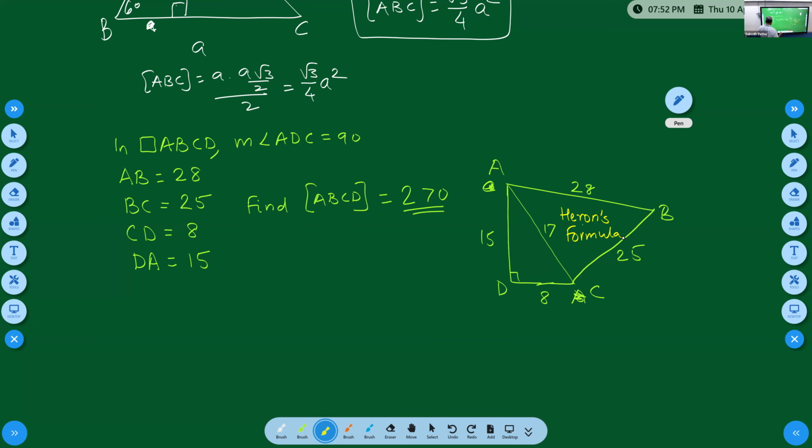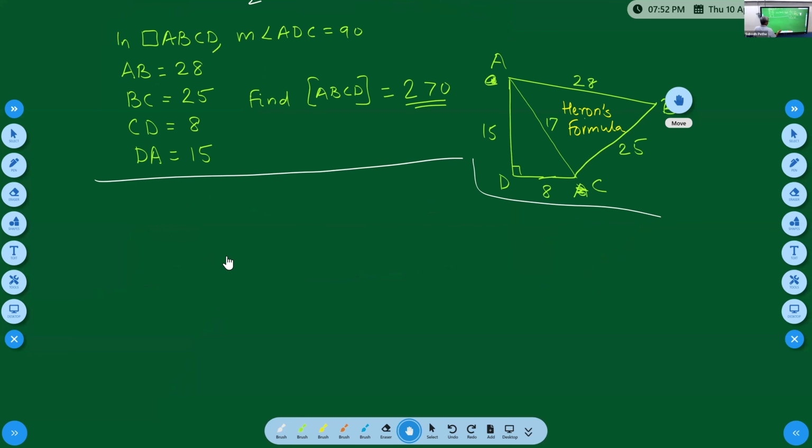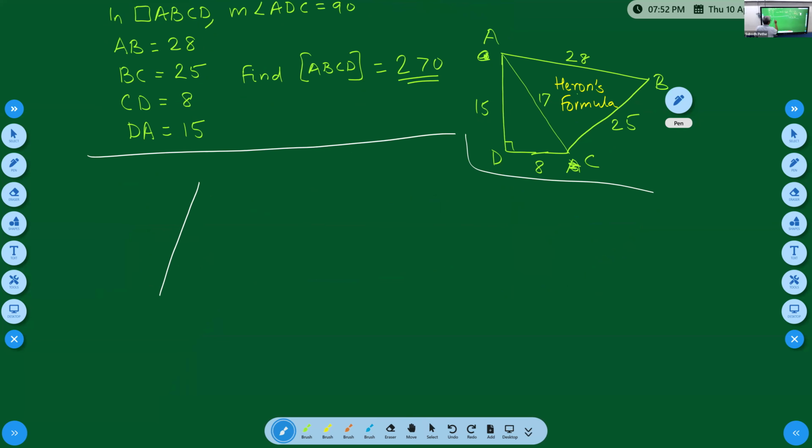In right angle triangle ABC, okay, let me draw a diagram so that it will be fast. In right angle triangle ABC, right angle at A, AB is 15, AC is 20.